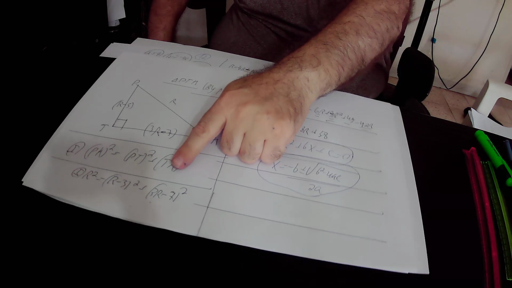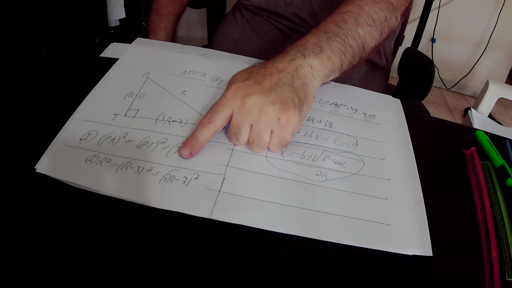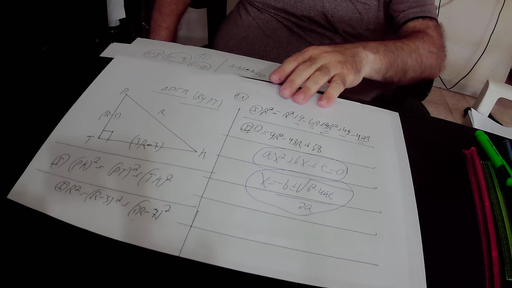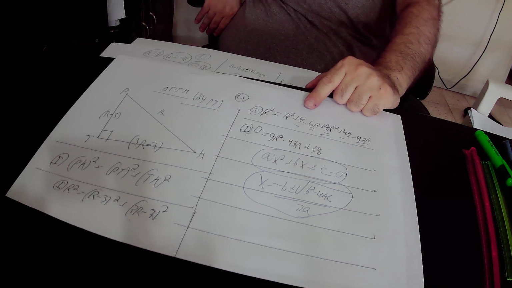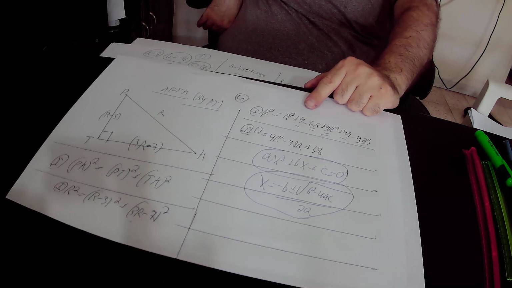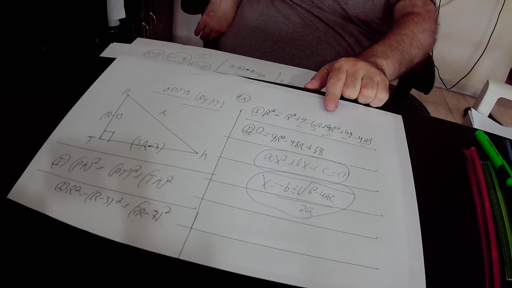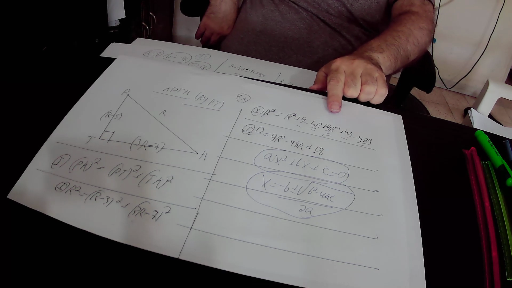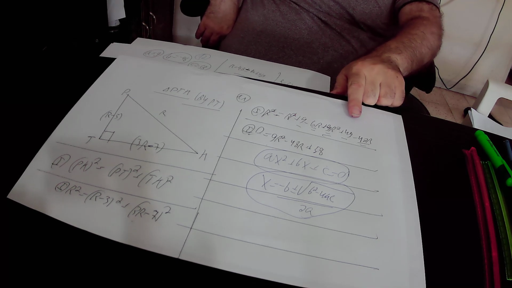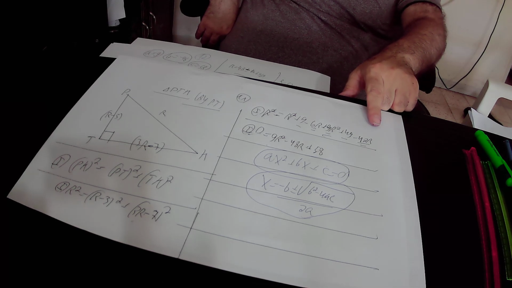Here we open the brackets on this side of equation number 1 and find that R squared equals R minus 3 squared, which is R squared plus 3 squared, that is 9, minus 2 times R times 3, that is minus 6R, plus 3R minus 7 squared, which is 3R squared, that is 9R squared, plus 7 squared, that is 49, minus 2 times 3R times 7, which is minus 42R.